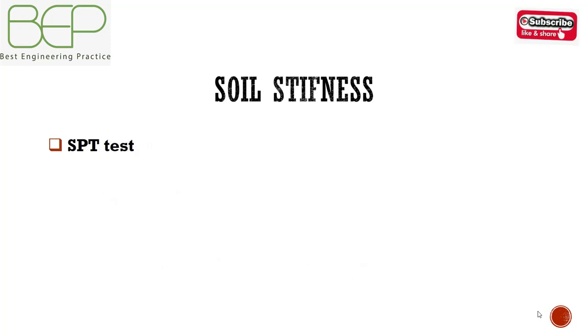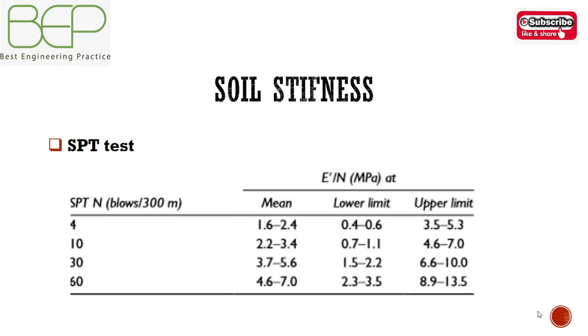The stiffness of granular soil will normally be determined from results of penetration tests. Back analysis of Burland and Burbidge data suggests the relationship between the Young's modulus and the number of blows of the SPT test for immediate settlement given in the table.